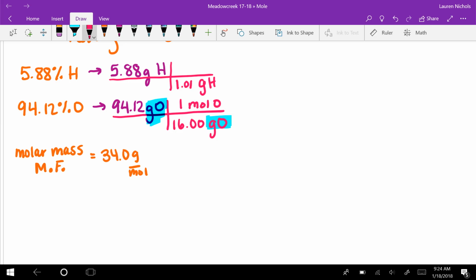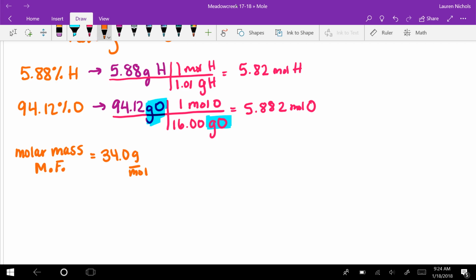Hydrogen is 1.01, and that's for 1 mole of hydrogen. And when I divide these, I'm going to get 5.82 moles of hydrogen and 5.882 moles of oxygen.